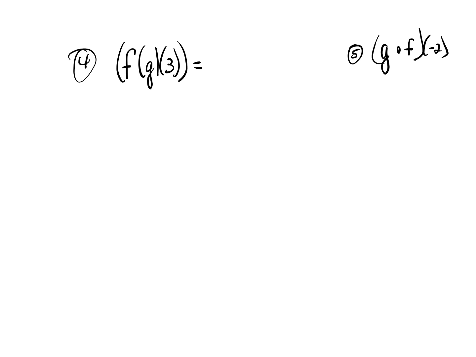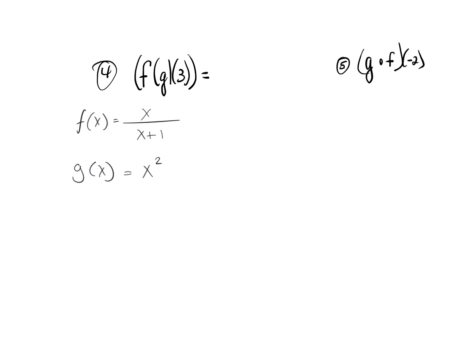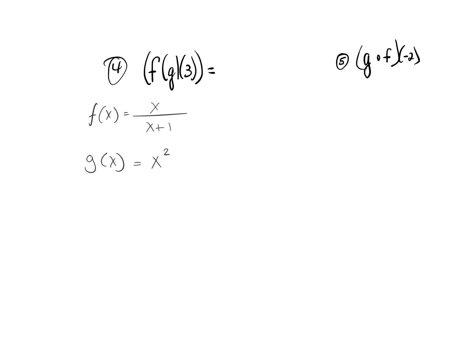Now, let me write in what f of x is. F of x was x over x plus 1. G of x was x squared. So if we were to plug it in, we'll get the same thing we had before, which was x squared over x squared plus 1.